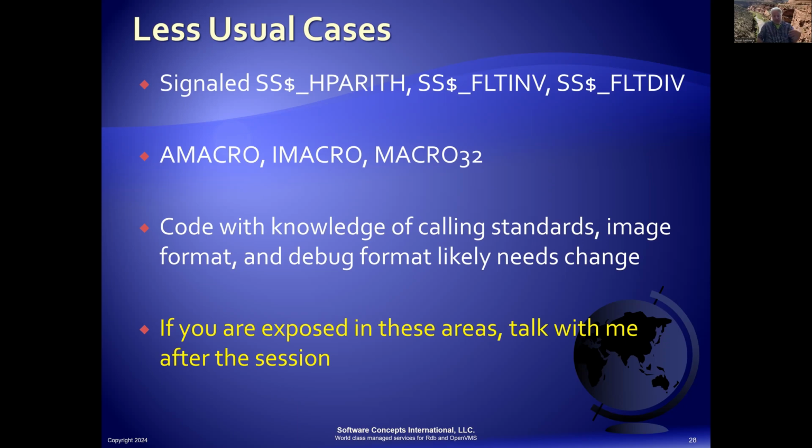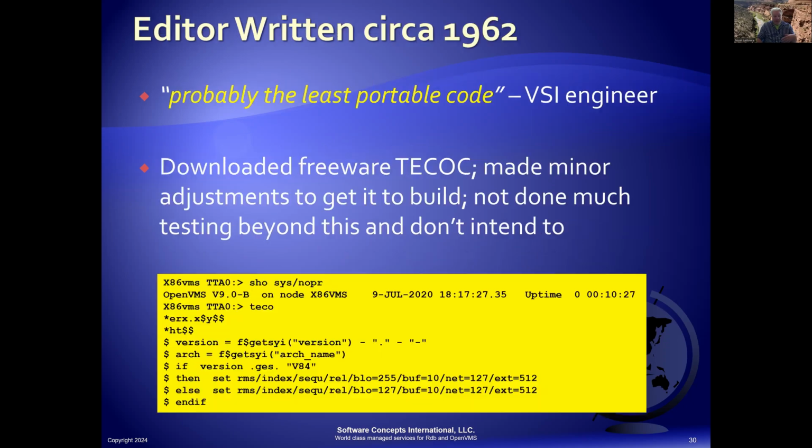One of the first pieces of code that I dealt with outside of our code was TECO, and it was kind of fun. I shared this with some people at VSI. This is an editor written in 1962 originally. There's a TECO C freeware program that I downloaded off the internet.